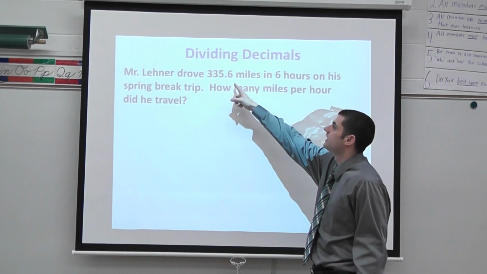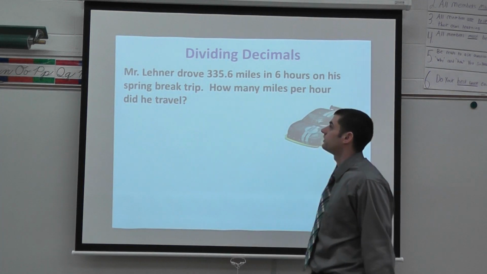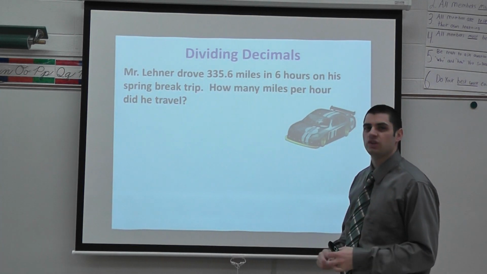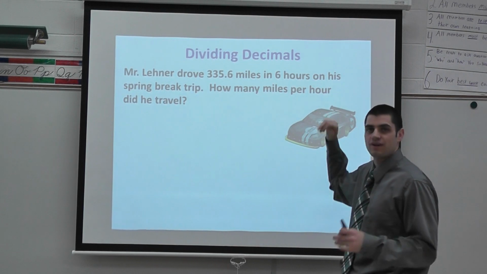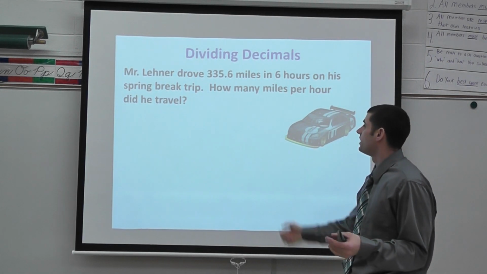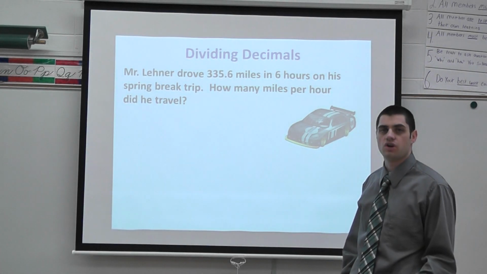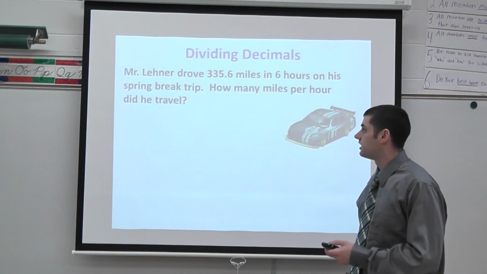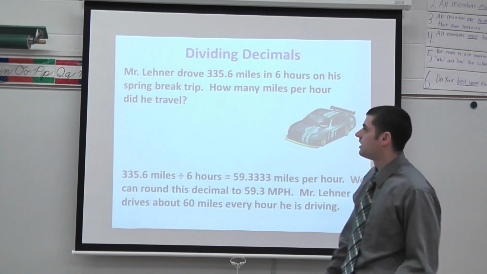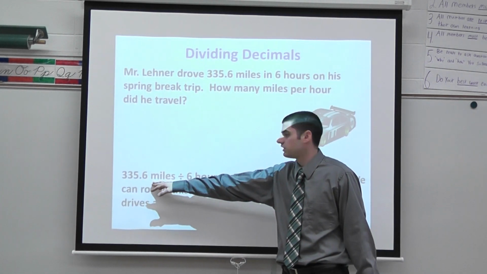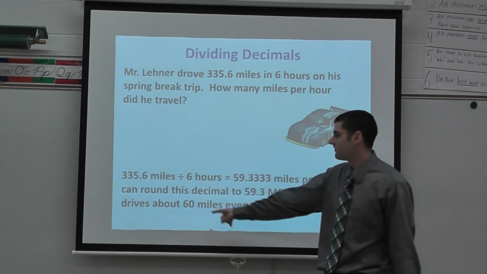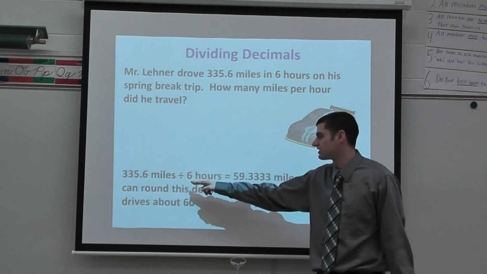Well, I know that I drove 335.6 miles. I know that it took me 6 hours to get to my destination. I'm trying to find out how many miles per hour I traveled. So this is where we can use division. I'm going to take the miles that I drove, 335.6, and divide it by the amount of time that it took, which is 6 hours.